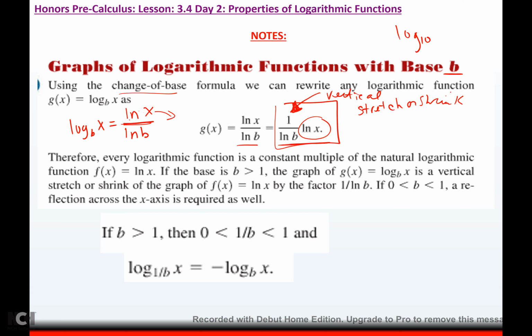Okay? And then another interesting property of logarithms, which makes life a lot easier, is whenever you have this log and your base is a fraction, you can rewrite it like this.